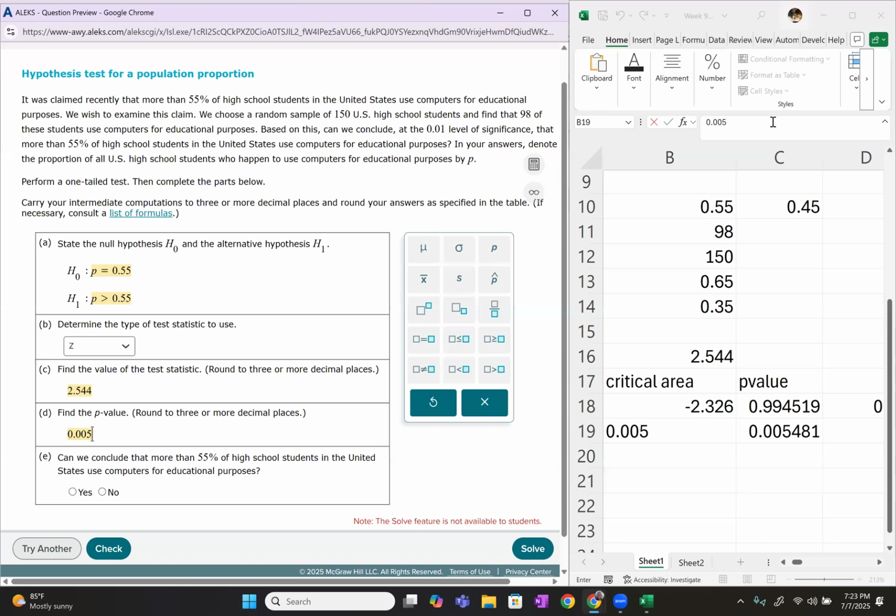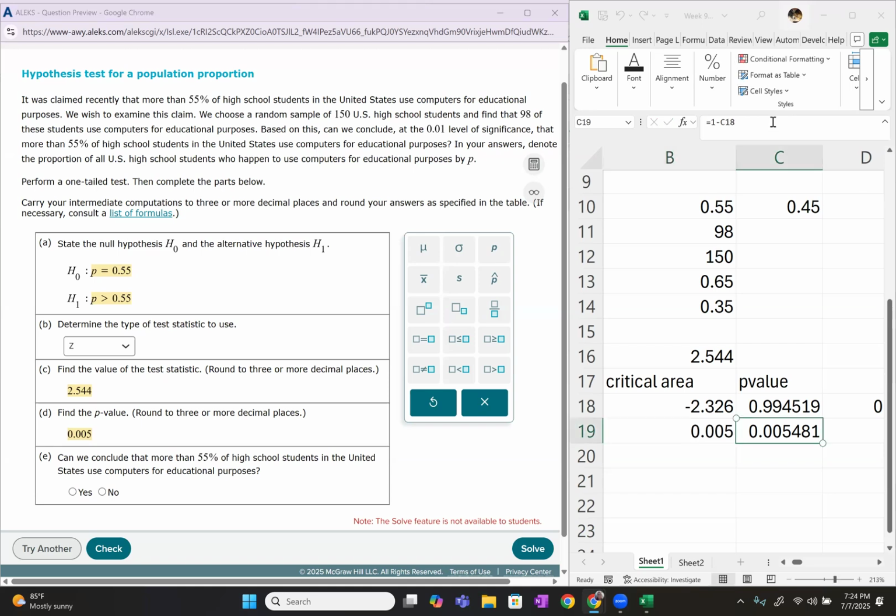is it safe to conclude that more than 55% of high school students in the US use computers for educational purposes? Yes or no? No. P less than alpha, we reject the null. Our p-value is 0.005.